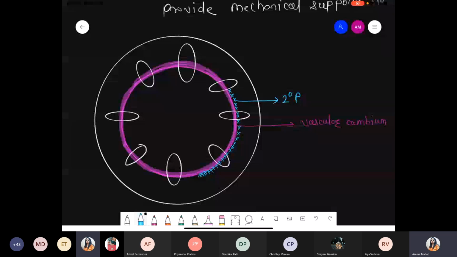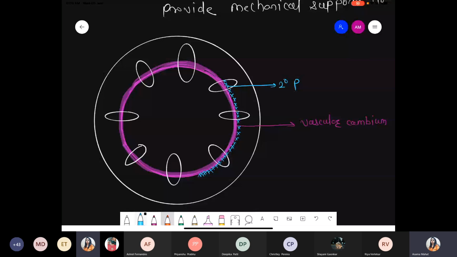So these structures are nothing but the secondary phloem, and I'm just writing P. Now outside the secondary phloem, this is the region where primary phloem is present. Just see the position. At number 1 from the outer side is primary phloem, at number 2 secondary phloem, at number 3 vascular cambium.